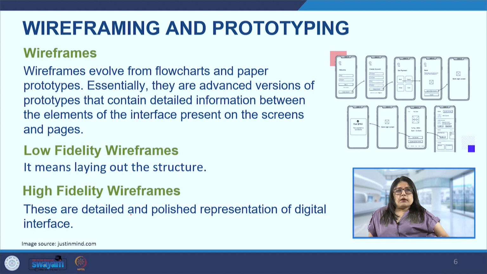Now, wireframes are basically a version of how the actual page will appear to the viewer. So we can see here on the right side, these are some examples of the wireframe. So when we are registering on a website or an application, what will be that page which will appear in front of us?